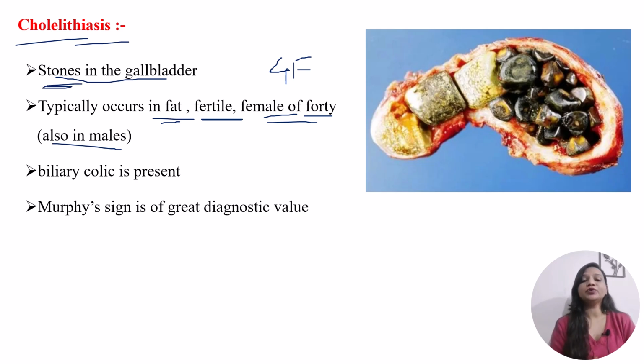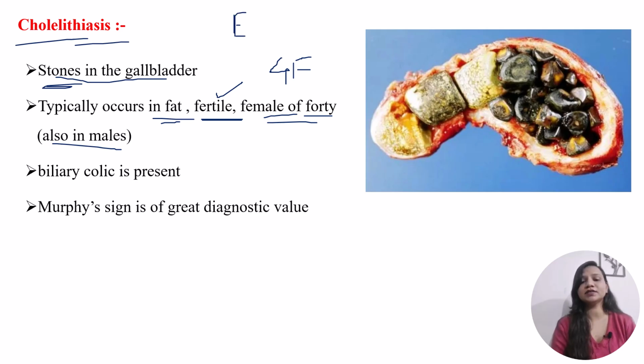Okay, and in fertile females, during pregnancy, we know that there is a high level of estrogen and also a high level of progesterone. The high estrogen causes high cholesterol in the gallbladder, and the high progesterone level causes sluggish emptying of the gallbladder.